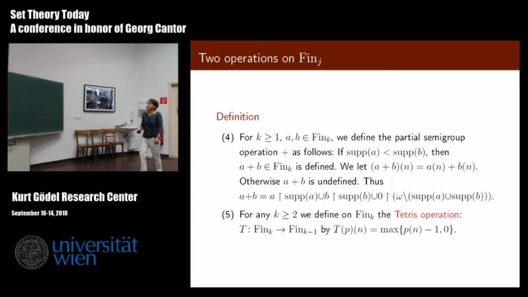Now there's a connection between higher k and lower k, and this is the Tetris operation. It goes from Fin_k to Fin_(k-1), and Tetris of a block at an argument is just the value decreased by 1, and you never go below 0.